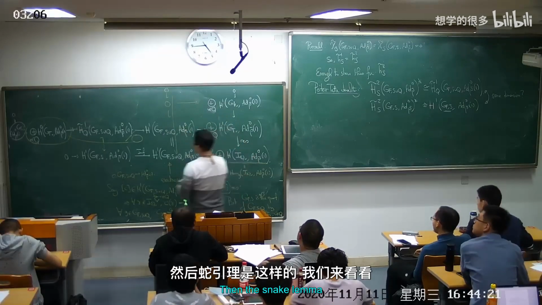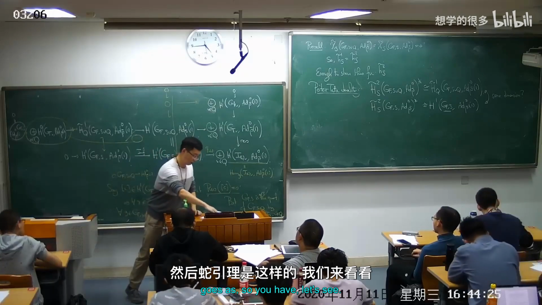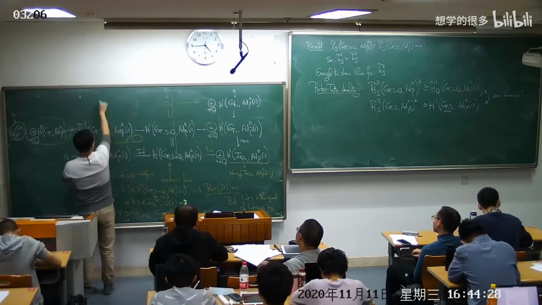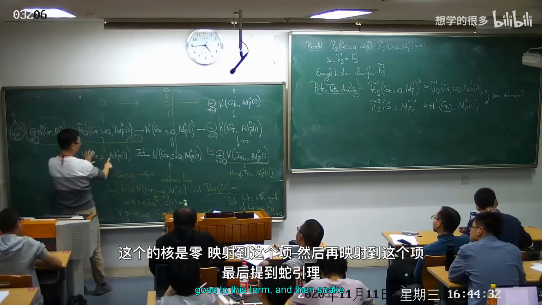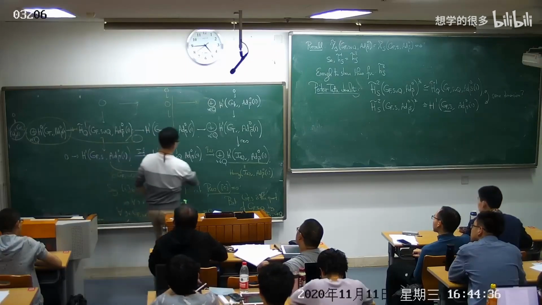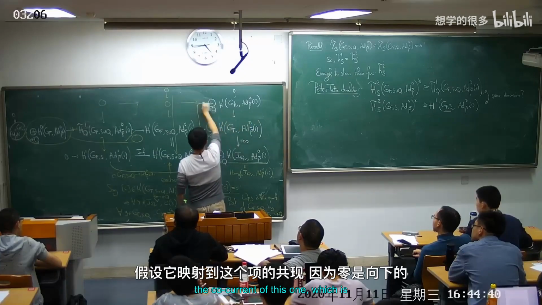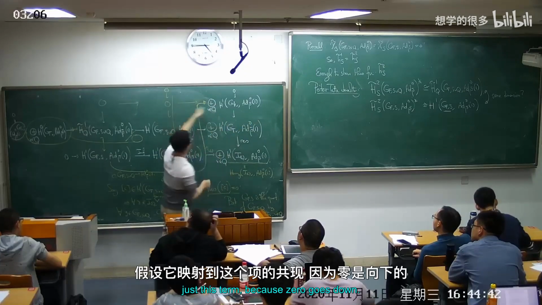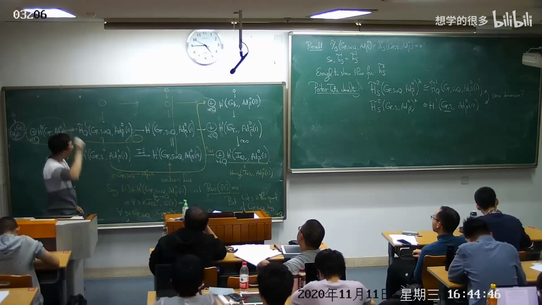Then the snake lemma goes as, so you have, let's see, the kernel of this is 0, goes to this term, and then the snake map is supposed to go to the cokernel of this one, which is just this term, because 0 goes there.